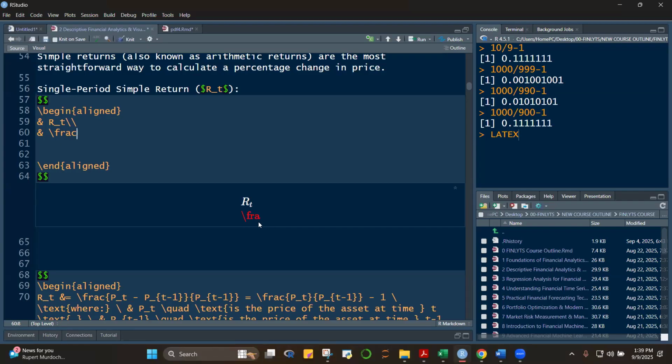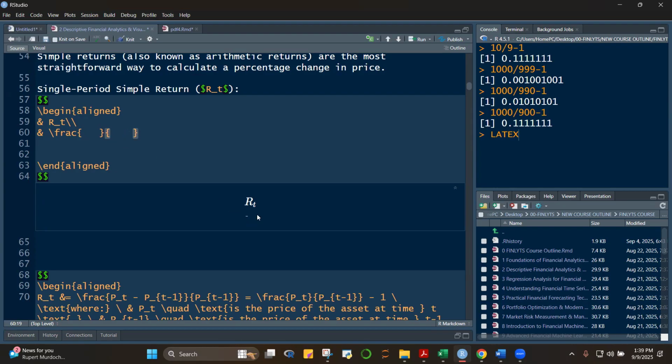You notice that nothing happens at first because it's not yet complete. And then put some space, and there, class. Frac, open parenthesis, close, open parenthesis, close. So this will indicate your numerator and then your denominator.